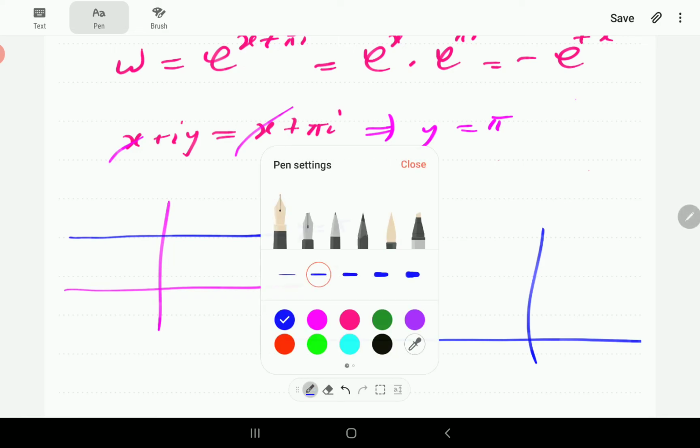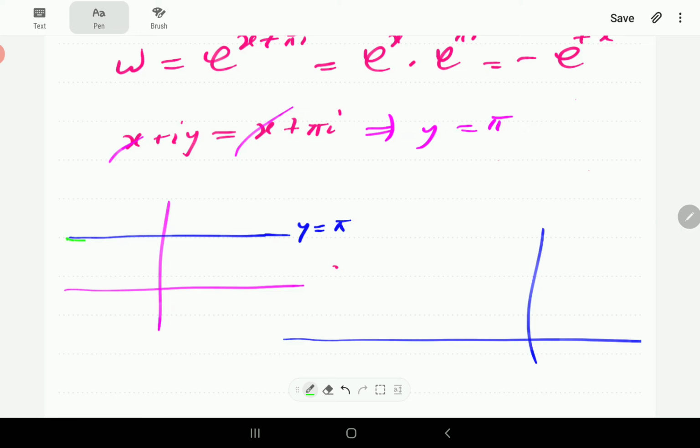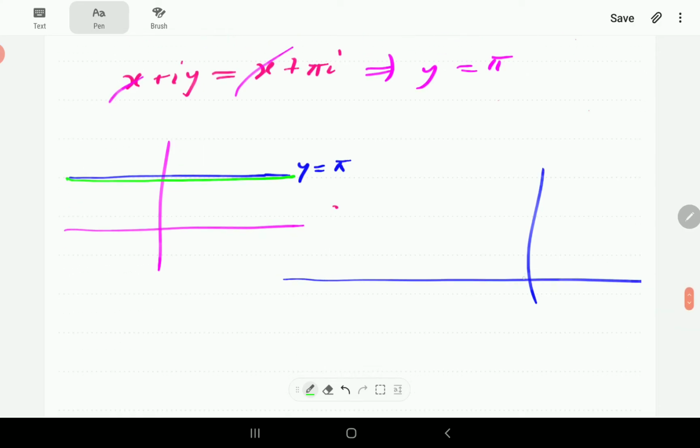So the numbers on this straight line are going to map onto the numbers on this straight line here. Okay.